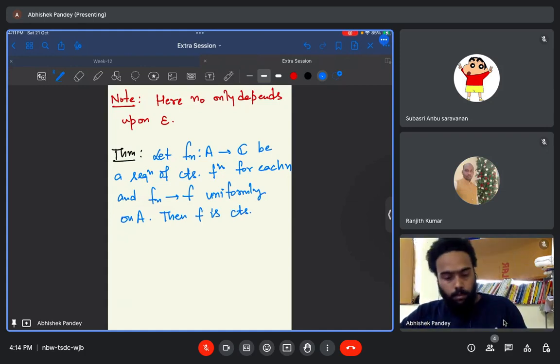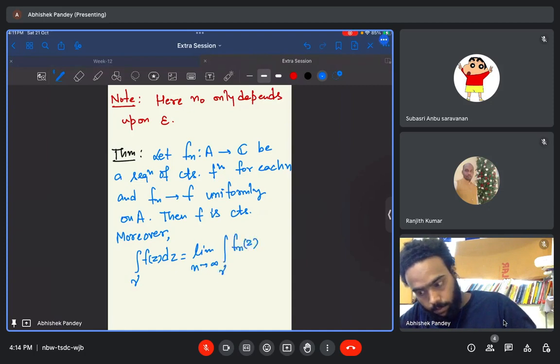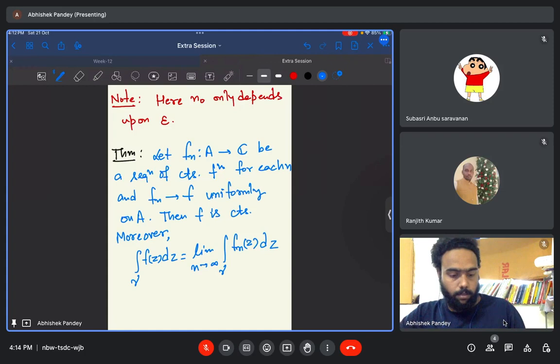Moreover, the integral over gamma of f(z) dz is basically the limit as n tends to infinity of the integral over gamma of fn(z) dz. So this is the theorem.